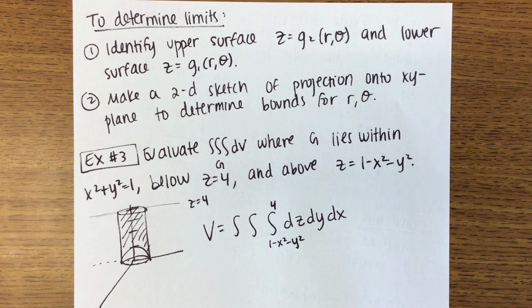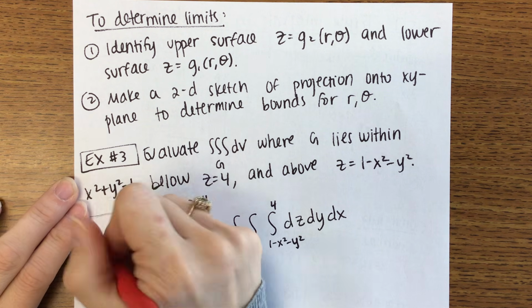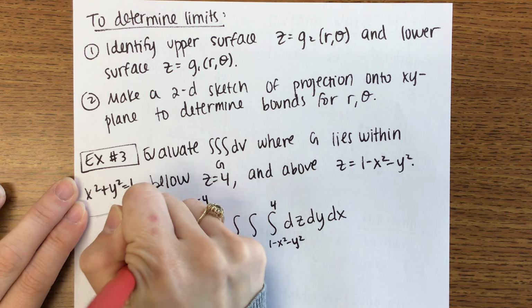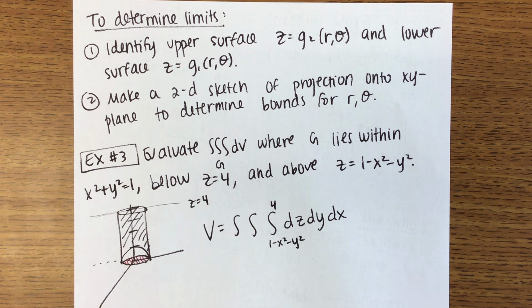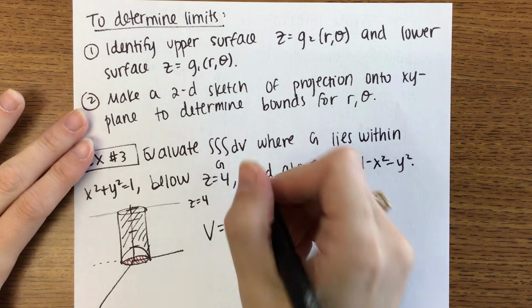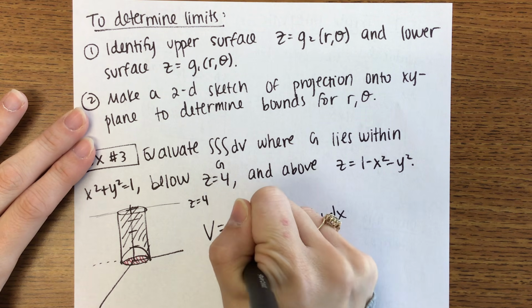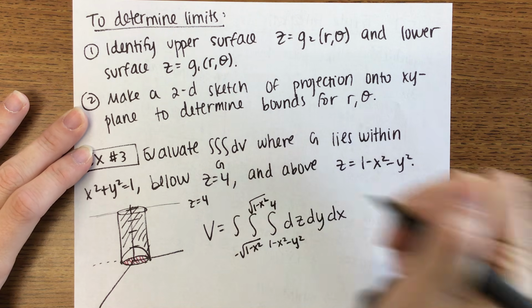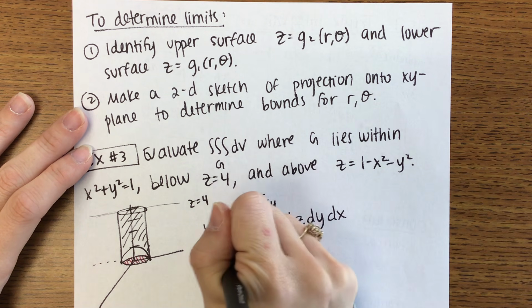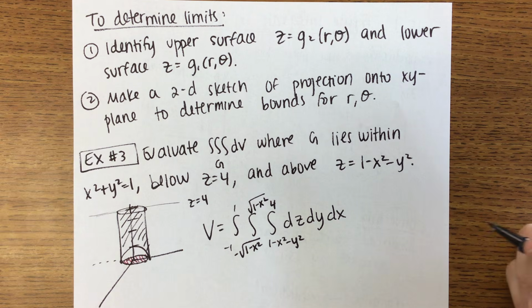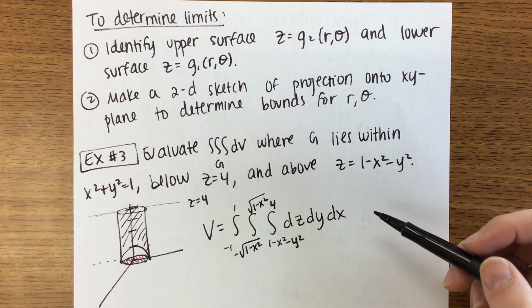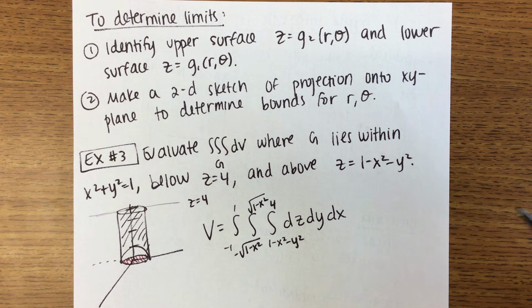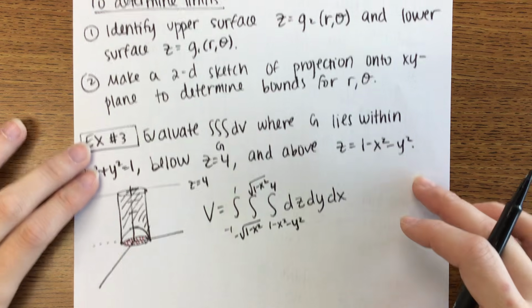What is our projection onto the xy plane? Yeah, circle. So if I take that circle and I solve for y, y is going to go from negative the square root of 1 minus x squared to positive the square root of 1 minus x squared. And x will go from negative 1 to 1. Now, could you integrate this? Certainly. Probably not the easiest way to do it, though.